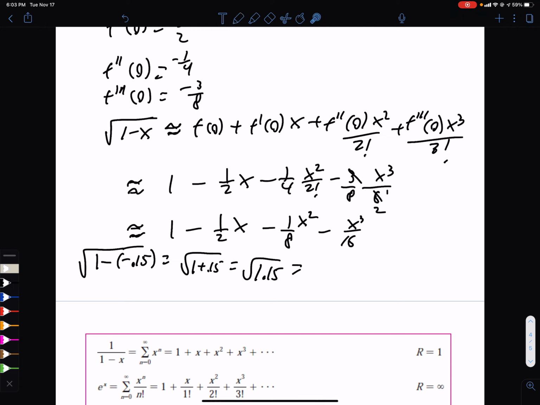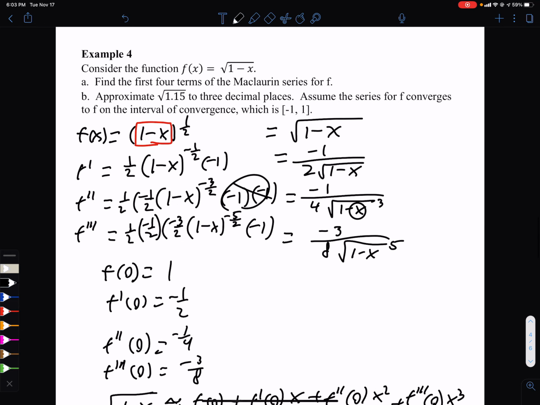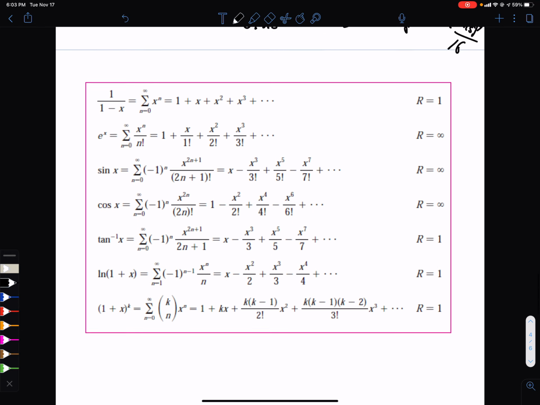So I have to replace all these x's with negative 0.15. 1 minus 1/2 times negative 0.15 minus 1/8 negative 0.15 squared plus negative 0.15 cubed over 16. I'm not going to do that because I don't feel like it. Punch that in your calculator. You get your answer. And that's that. Okay, so that's example 4. And we're pretty much done.